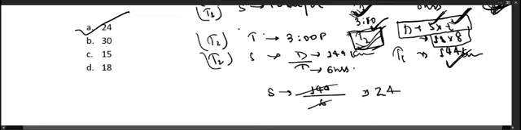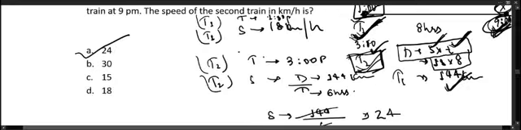This is the speed of train 1, and this is the time taken by train 1 to reach point X. After calculation we got 144 km as the distance covered by train 1. As we have just discussed, both of them started their journey from the same point, so 144 km will automatically be the distance traveled by train 2. After putting the value in the formula, we get 24 km per hour as the speed of train 2.